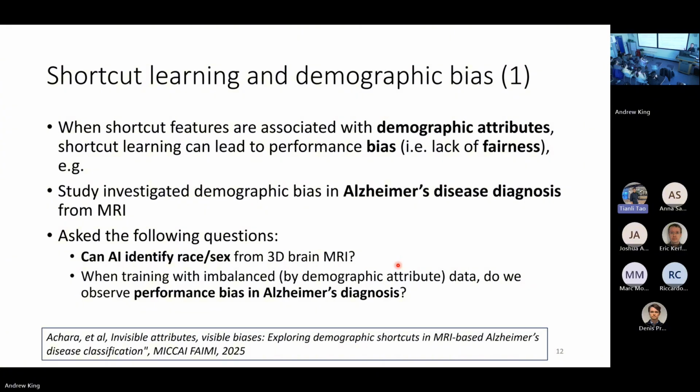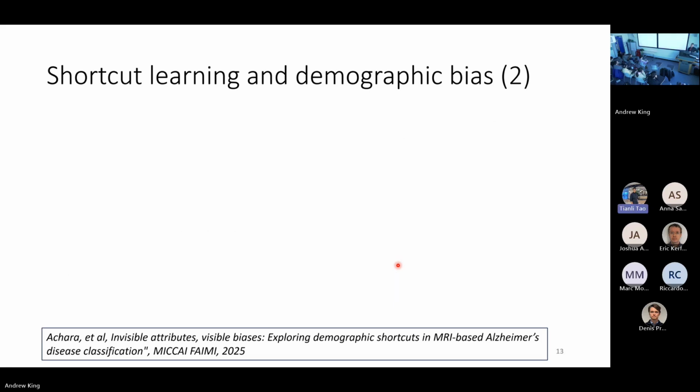If there is no difference between race and sex in terms of their brain appearances, then there are no features for the shortcut learning to pick up on. So this is basically trying to answer the question, are there any spurious features here for it to pick up on? And secondly, when training with imbalanced data by demographic attribute, can we observe performance bias in Alzheimer's diagnosis?